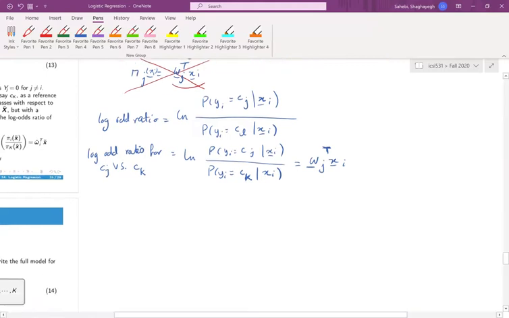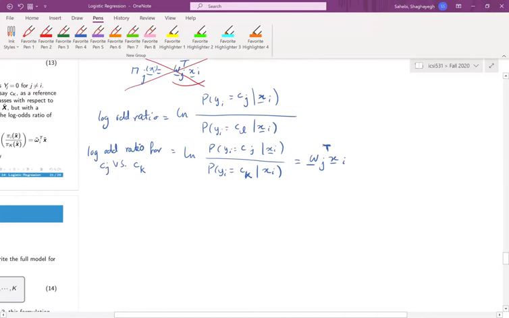So this way we can calculate, hopefully, the pi sub j's, right? So let's look at class CK, which is our base class. So for CK, the log odd ratio, if we follow this definition, we are going to have probability of yi is Ck given xi divided by probability of yi is Ck given xi.